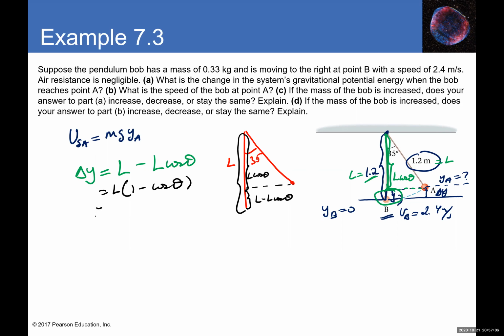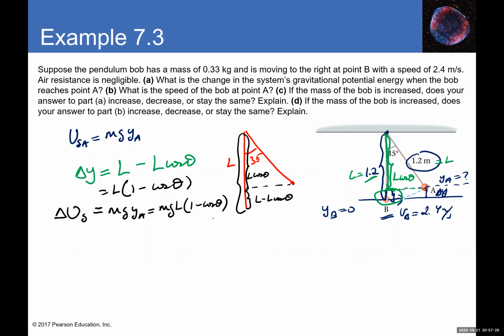So I can then calculate this. My change in gravitational potential energy is equal to, since potential energy at point B is 0, I just need to calculate mgYA, which becomes mgL(1 minus cosine of theta), because YA is basically my delta y, because YB is 0.